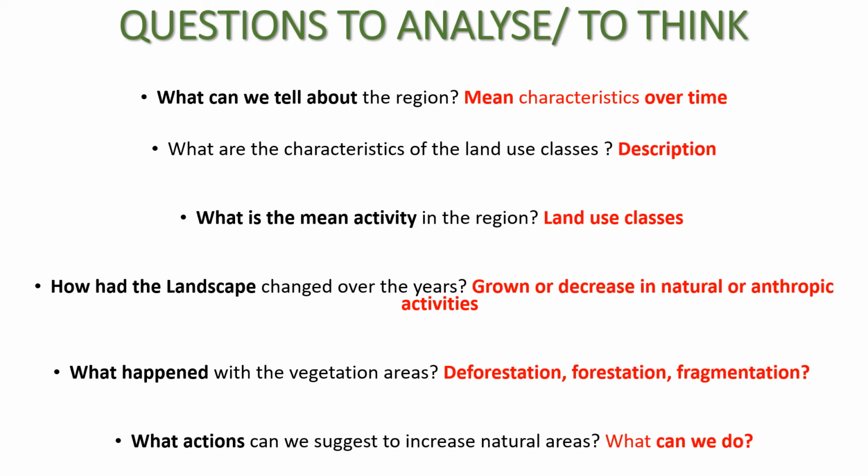Can we do some afforestation actions? Can we better organize the increase of the urban areas? Change the organization of some land use land cover, create some stepping stone fragments around the matrix. There are a lot of actions that vary with the characteristics of each region.